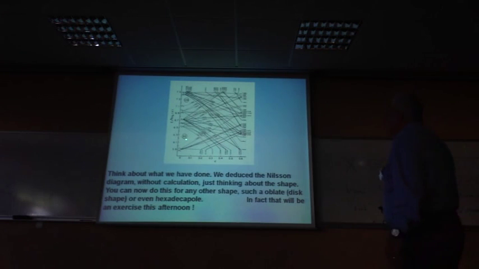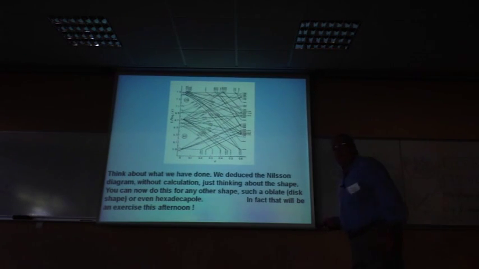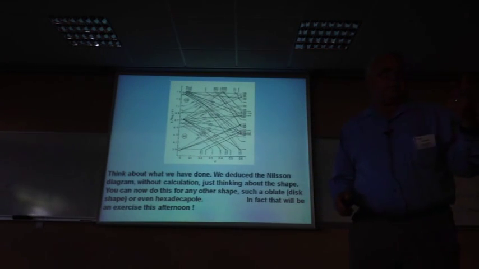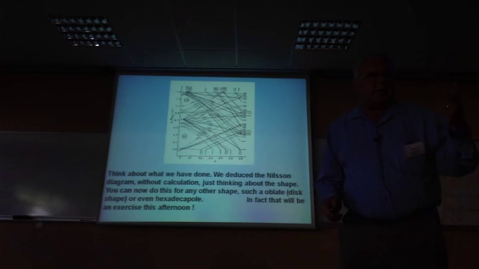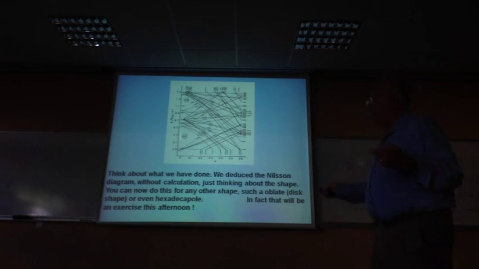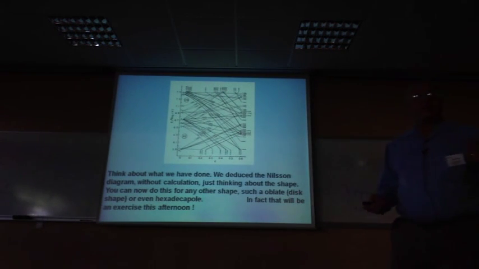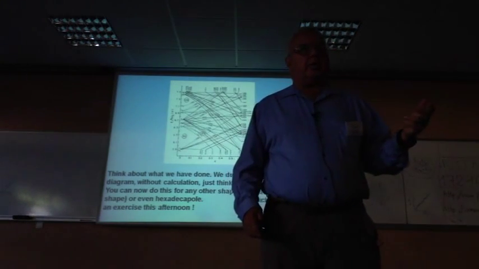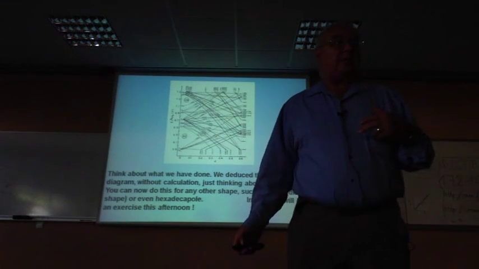The mixing depends on two things: the energy separation and the matrix element. The energy separation is clear, you can see that here. The matrix elements are the matrix elements of Y20 between single particle orbits, and that depends on which single particle orbits you have.